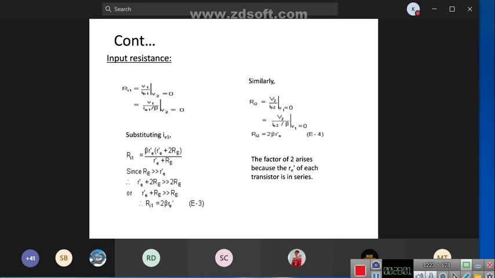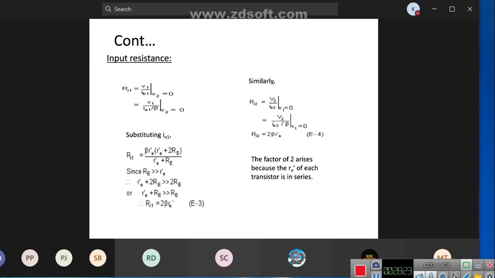So if you see these relations, RE dash plus 2RE is greater than 2RE, and similarly RE dash plus RE is greater than RE, right? So finally we can write input resistance for the first stage, it is 2 beta RE dash. These two terms will cancel. Then we will get 2 beta RE dash.